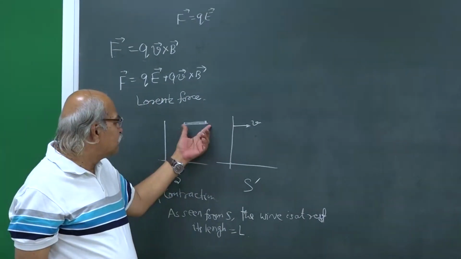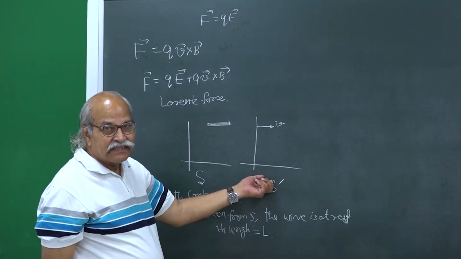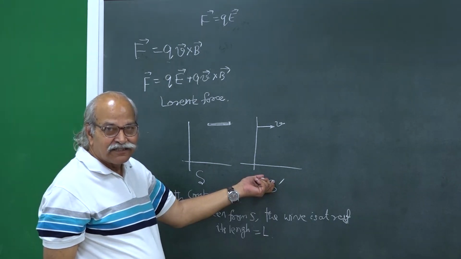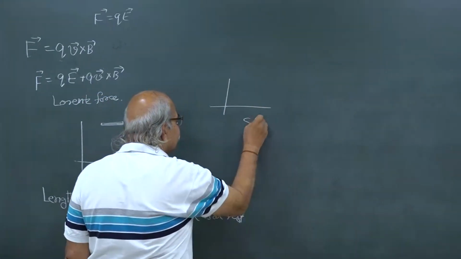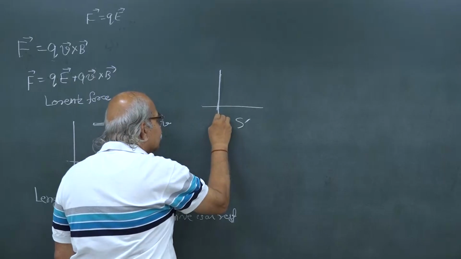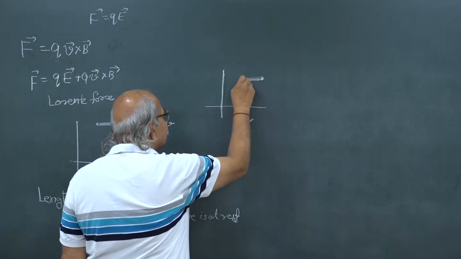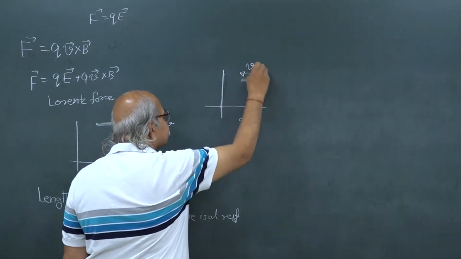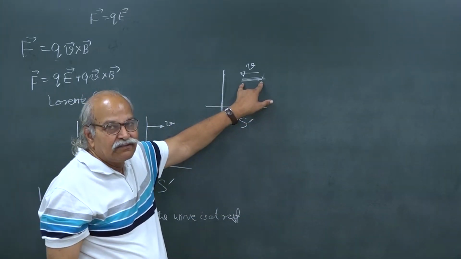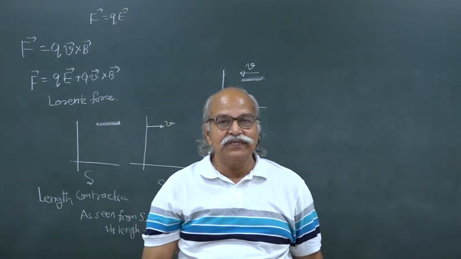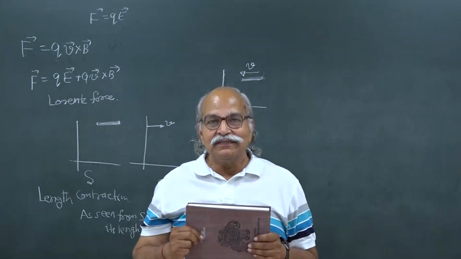But if that same wire is seen from S prime, then measuring length is more technical. If I look at this wire from S prime frame, this wire is moving backward with a velocity v, and I want to ask how much is the length of this wire. If this object is moving and I want to know this length, then what is the rule?